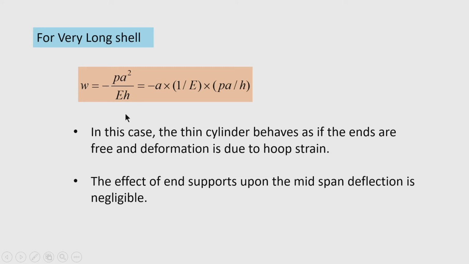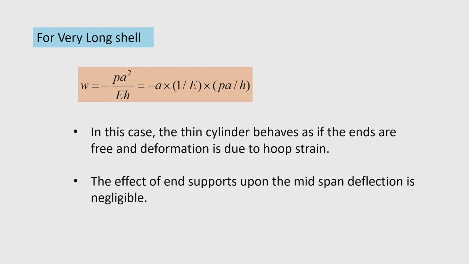and two interesting things we can note here. If the shell is very long and it is a thin cylindrical shell, it behaves as if the ends are free and the deformation is due to hoop strain. So, that is obvious. For a very long shell, the effect of bending moment can be neglected. The effect of end supports upon the mid span deflection is also negligible.